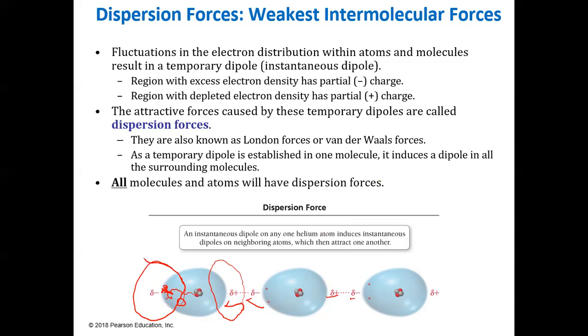So again, you might hear them called London forces or van der Waals forces. As a temporary dipole is established in one molecule, it's kind of like a domino reaction. It induces a dipole in all the surrounding molecules. So again, all molecules and atoms have dispersion forces.